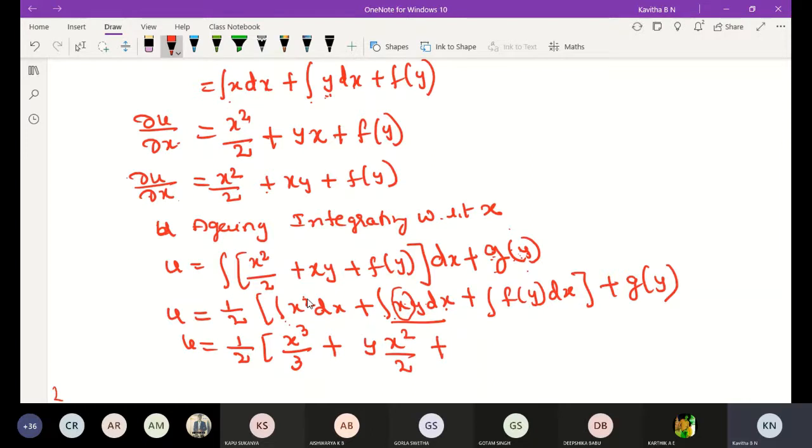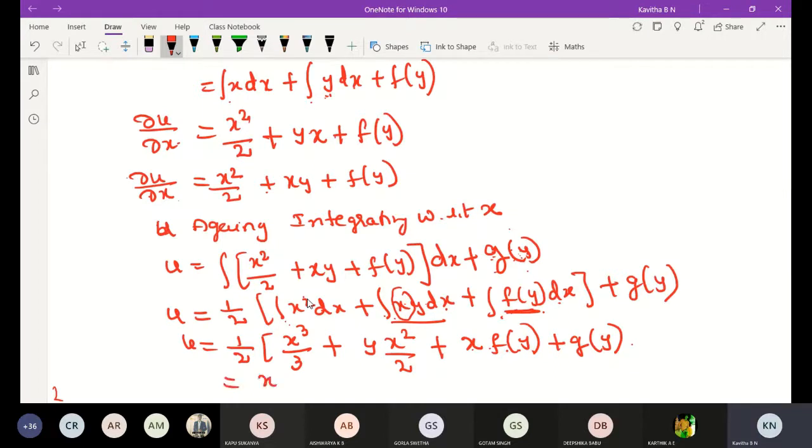Plus integration of f(y) dx; the y term here is a constant, and the integration of a constant is x times f(y). Plus g(y).